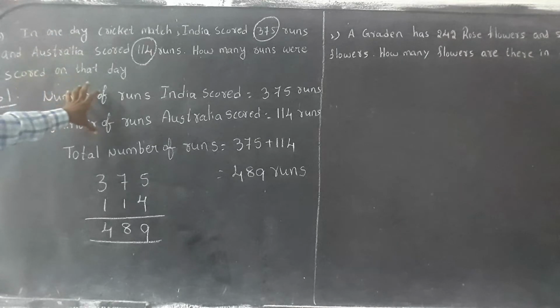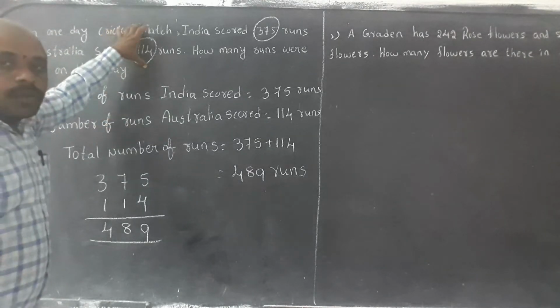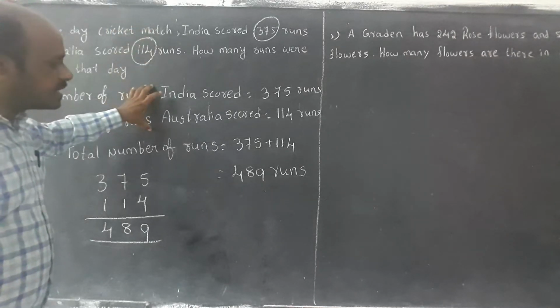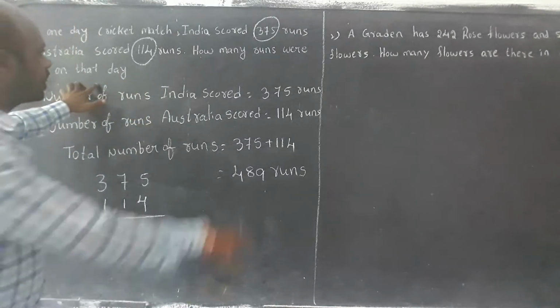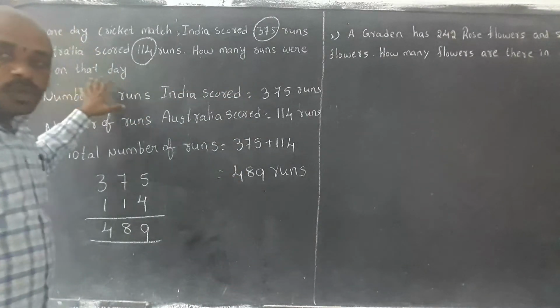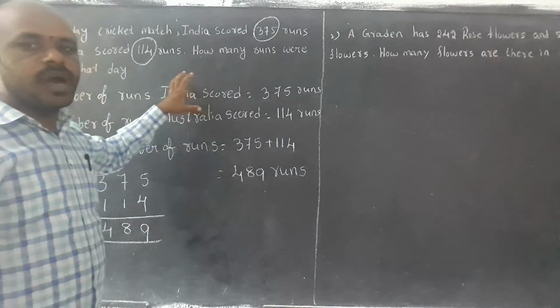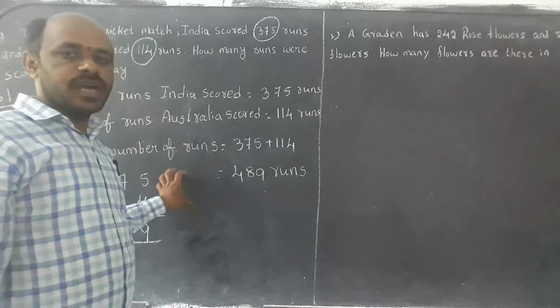Okay children, see here: first, whatever he gave, we have to read the question properly, then write the statements about what he gave in the sum. What is asked last will be the last statement. Is he asking total or difference? If he is asking total, we have to add, and if he is asking difference, we have to subtract.